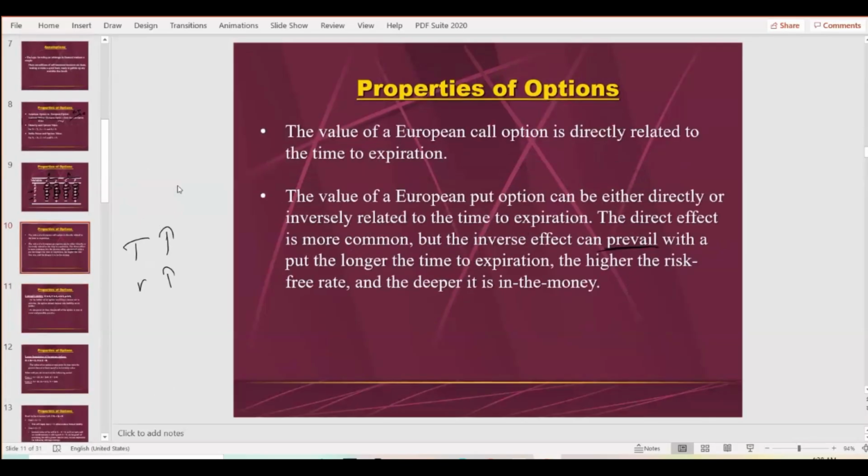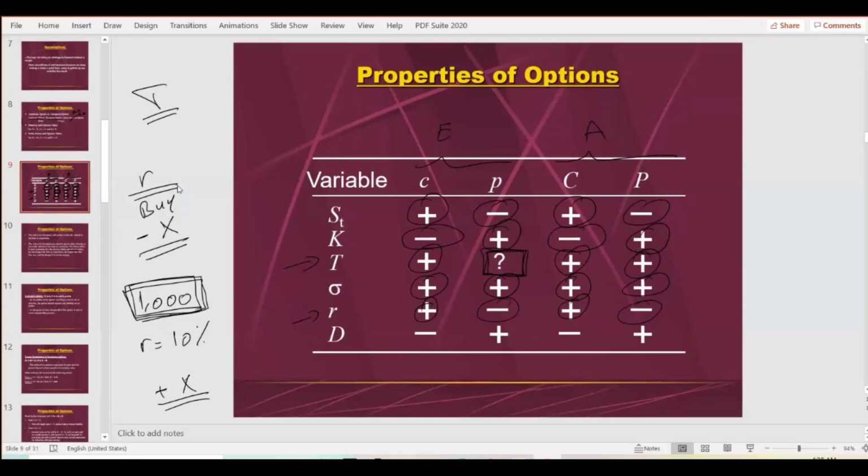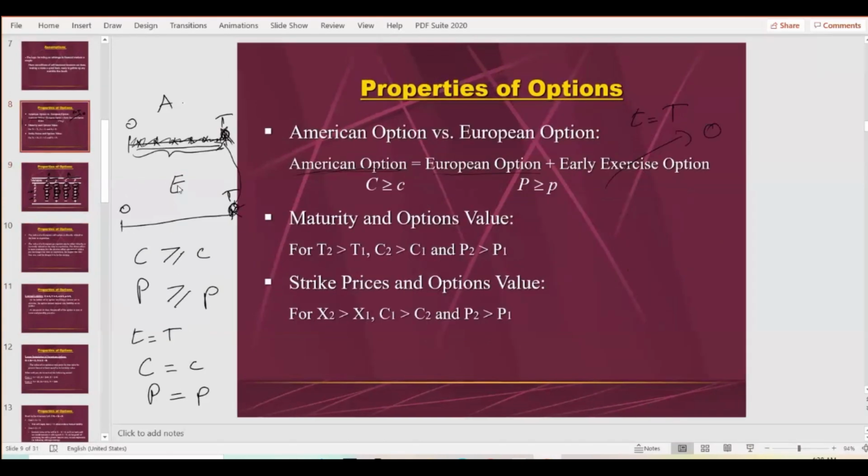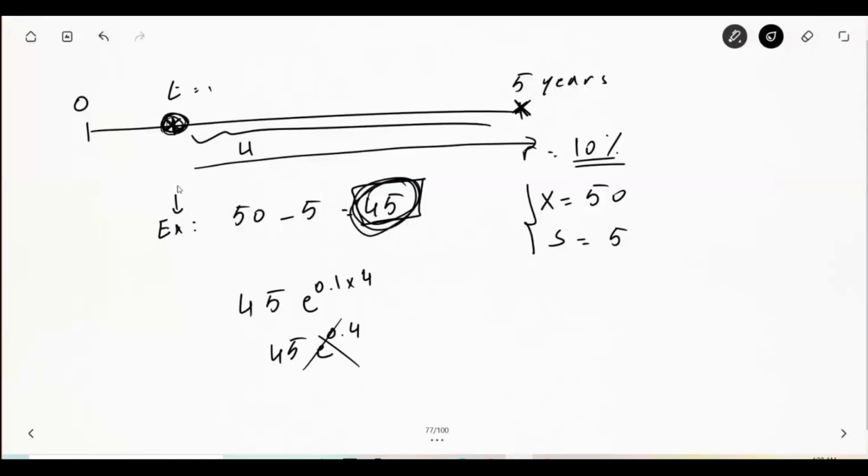Now finally, for the dividend D, mainly it will reduce the stock price. Whenever a dividend is paid, let's say at time t equals 1, we have a dividend D1, the price will decrease, so S will decrease to S minus D1.